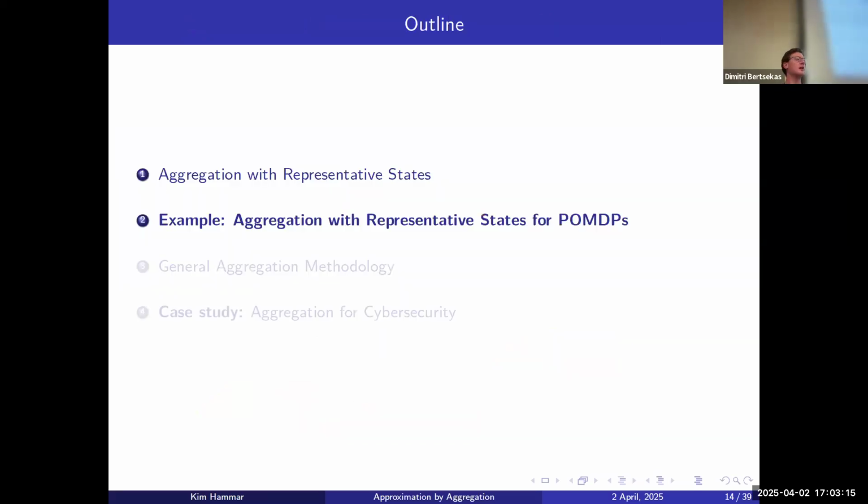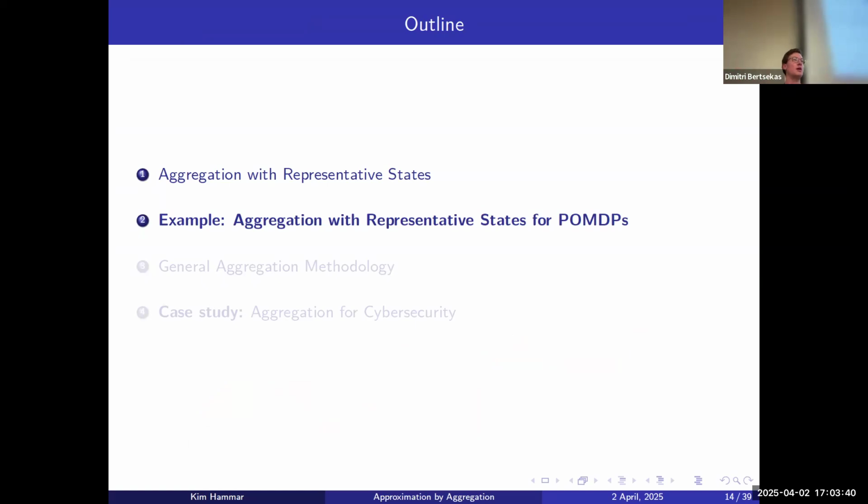Okay, so before I go to the example, let me summarize the whole methodology that we covered. It's basically four steps. First, you select a subset of your state space to be representative. Then you design aggregation probabilities to relate your representative states to the original states. That allows you to formulate an aggregate dynamic programming problem.